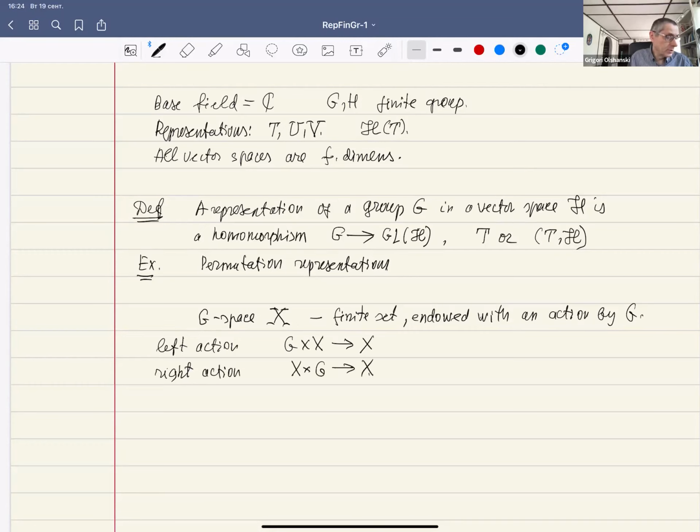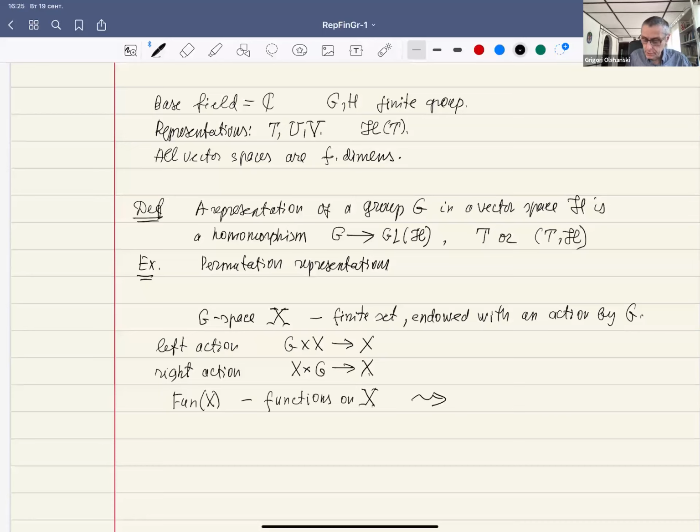So assume we are given such a G space, and take the space of functions, complex valued functions on X. And then we have a representation.